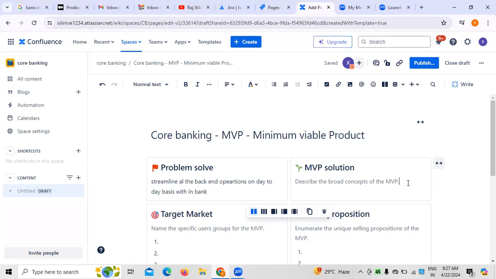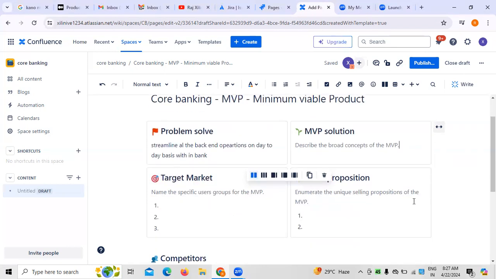Now, when we are trying to understand the solution part, the MVP part, we need to write down the broader context wherein we define the MVP. What is the minimum viable product and what are the broad concepts to be focused on? Broader concepts like: create a transparent process of managing customer activities.